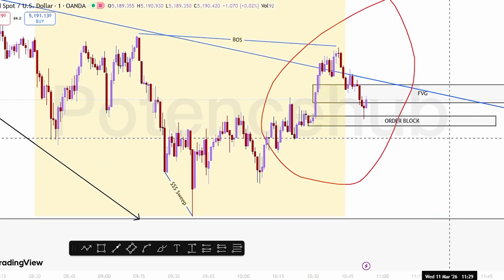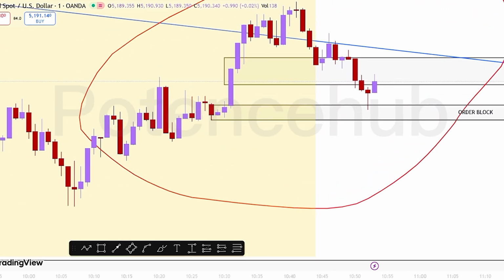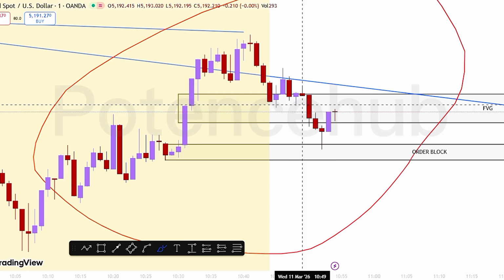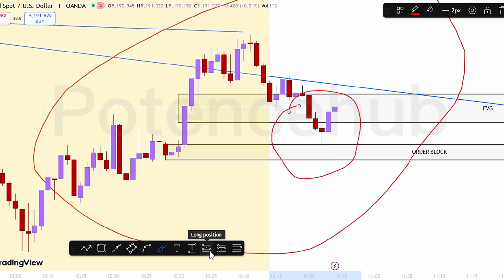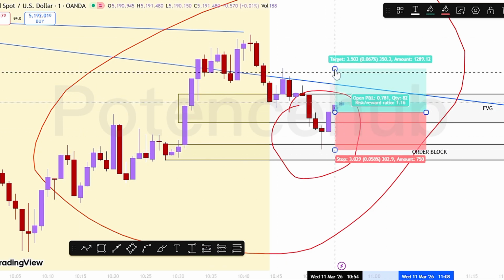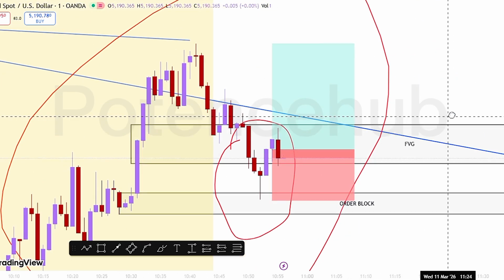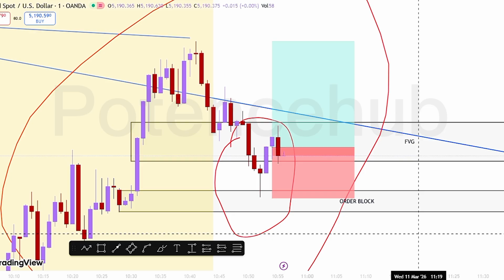Remember, we are bullish, and as you can see, price has printed a morning star candlestick pattern. We were supposed to get into this trade here, but as you can see, I didn't increase my stop loss, so in this particular one, we were knocked out.